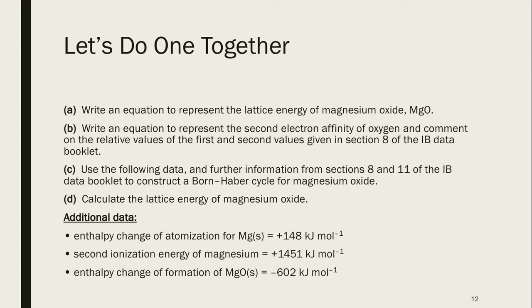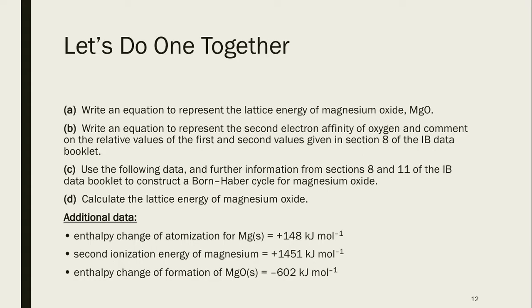Letter C says use the following data and further information from sections 8 and 11 of the IB data booklet to construct a Born-Haber cycle for magnesium oxide. And then letter D says calculate the lattice energy of magnesium oxide. Some information is given because it's not found in the data booklet. We're given the enthalpy change of atomization for solid magnesium.